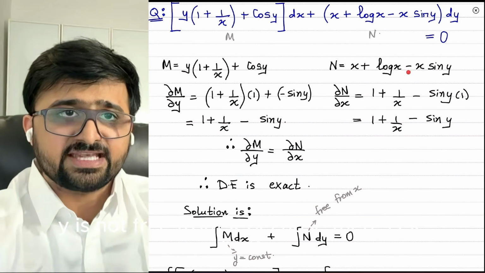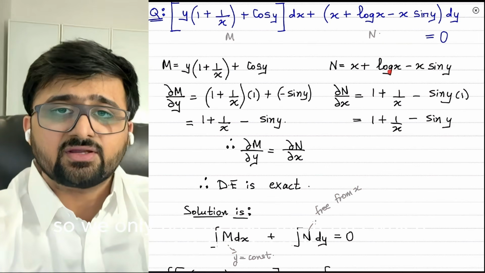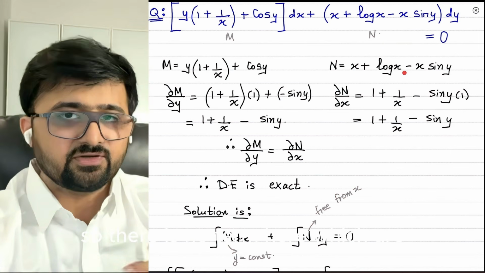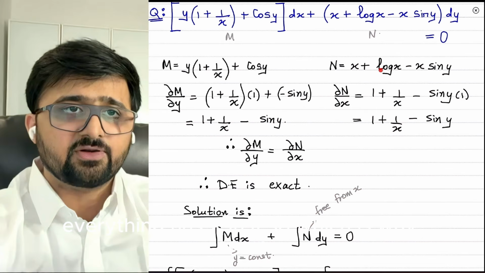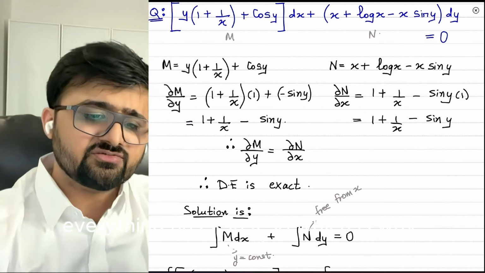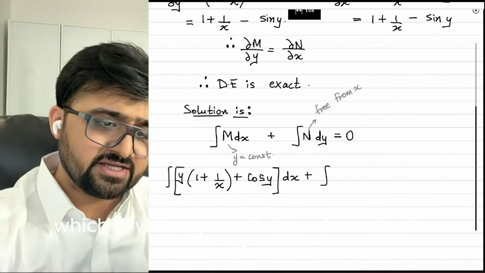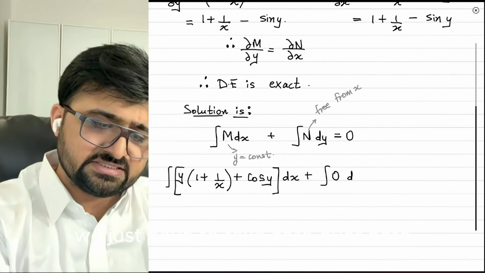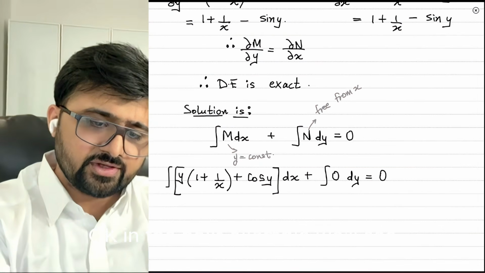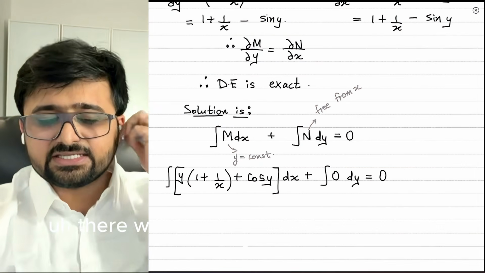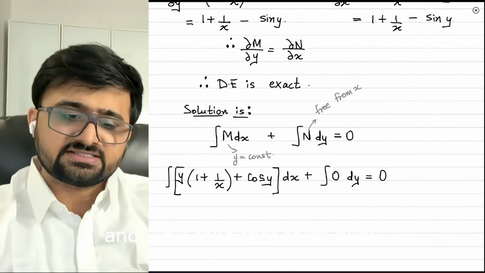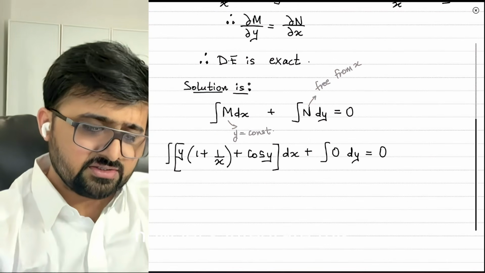There is no term here completely free from x, everything has x in it, so we take 0 here. In the next example, we'll see a term which is free from x, and we'll take that term.